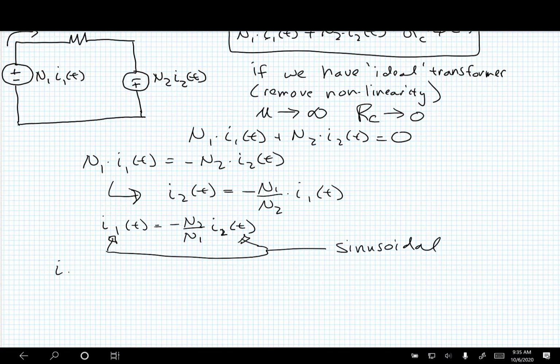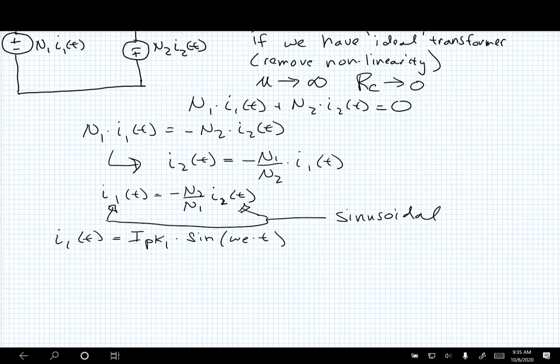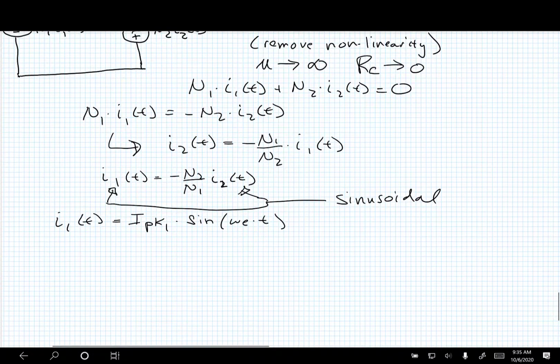So I could say I1 of t is equal to some I peak on the primary times sine. Whether I use sine or cosine is arbitrary. I'll just use sine at this point because I'm trying to make sure I don't introduce another negative sign to confuse you even more when I take the derivative. That would be the same as the square root of 2 times the RMS value of the primary current.